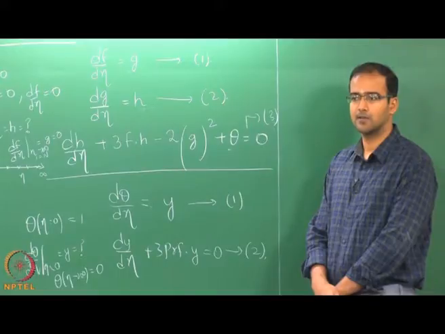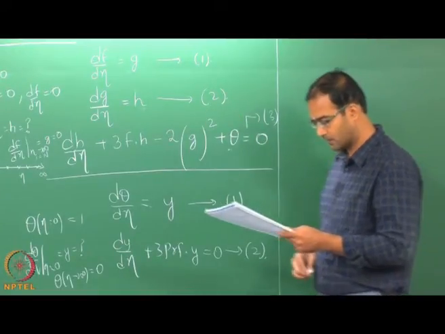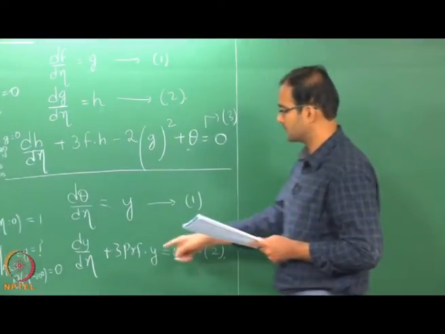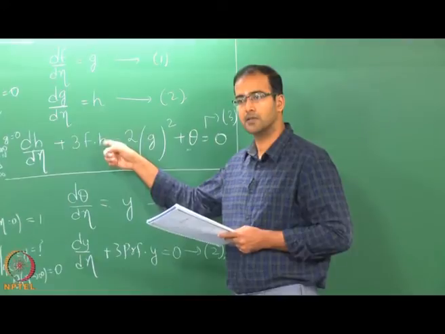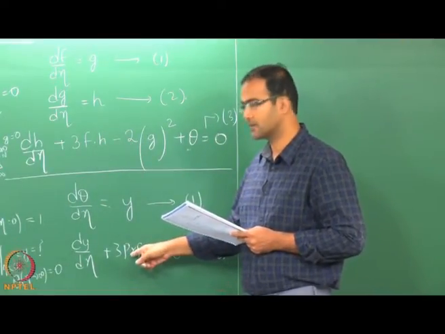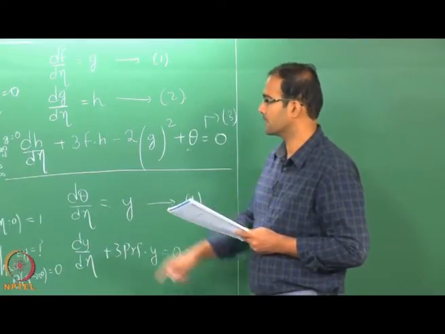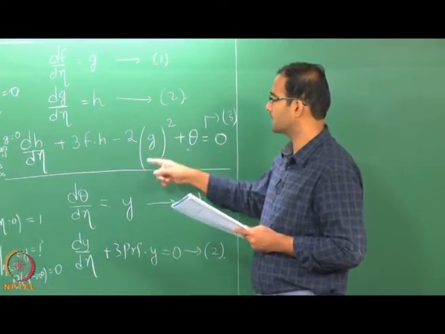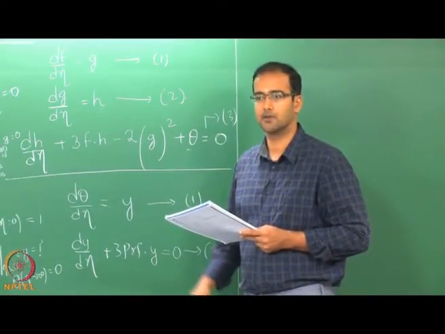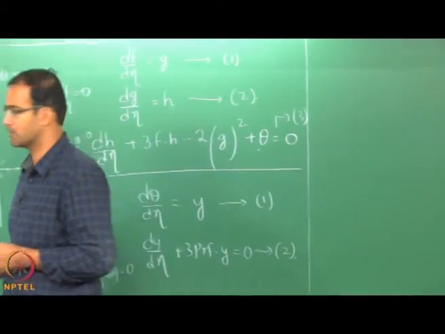Once you do this, finally you will have the equations solved for different values of Prandtl number. So, you will have a unique solution for velocity also as a function of Prandtl number, because Prandtl number decides the temperature profile, and that temperature profile will go into this and decide the velocity solution. So, Prandtl number will govern both the temperature as well as the momentum profiles.